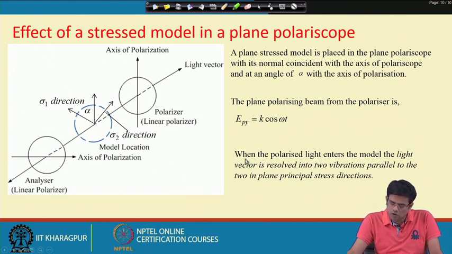When the polarized light enters the model, the light vector is resolved into two vibrations parallel to the two principal directions. Also we know what polarized light is. When we put the model under polarized light, it shows this equation.